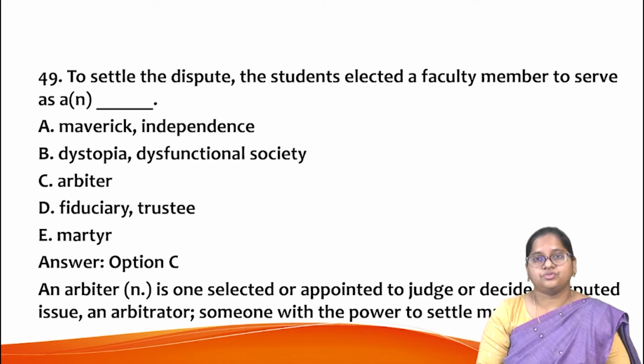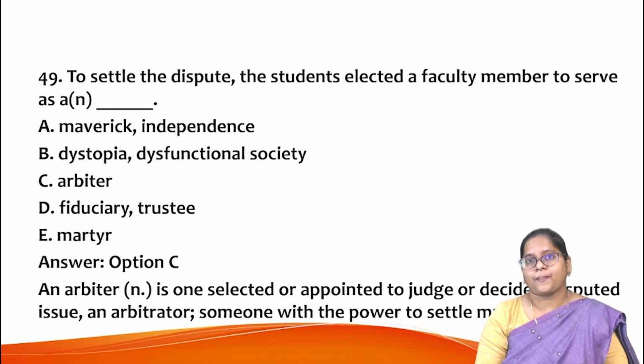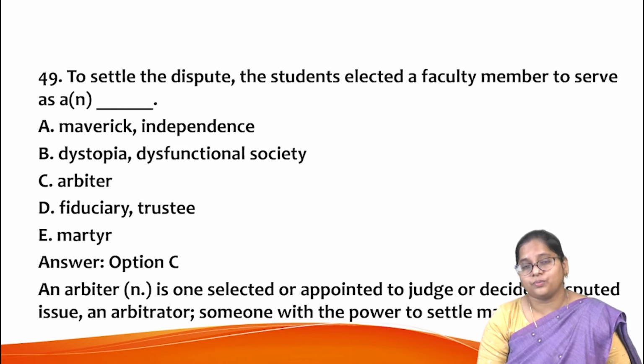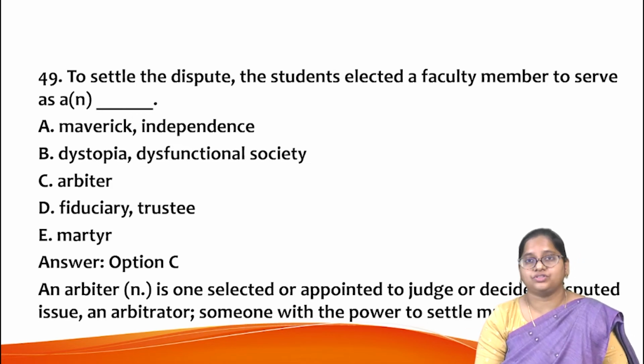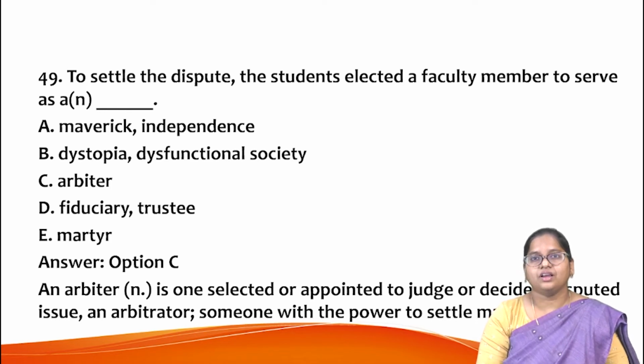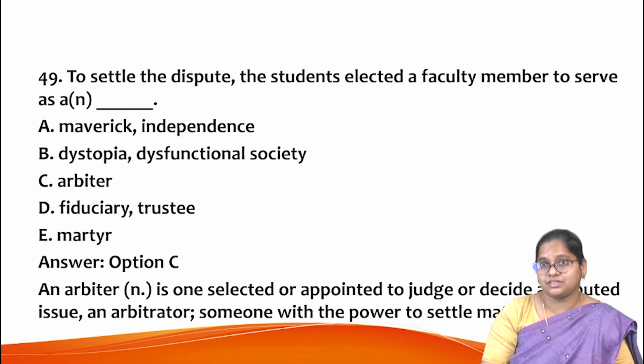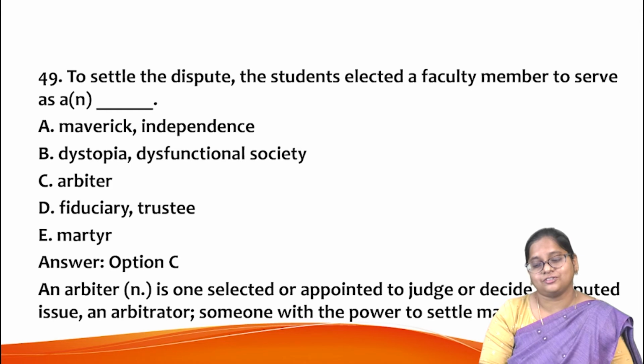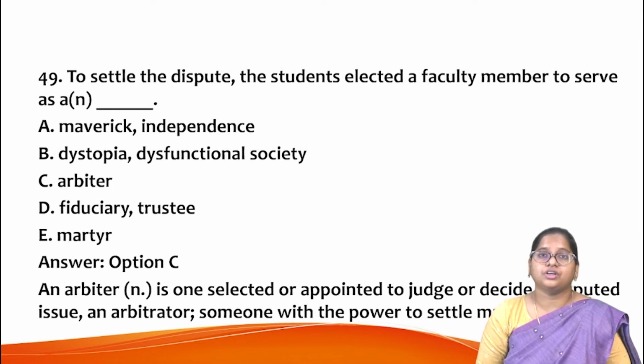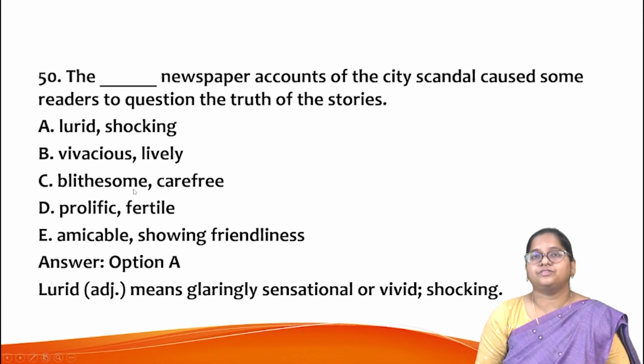To serve as a martyr: somebody who sacrifices so much. So that's it. Now, what do you think is the right answer? Somebody who has the capacity to settle that. Then obviously C, arbitrator. So that's the answer. Option C is the right answer.